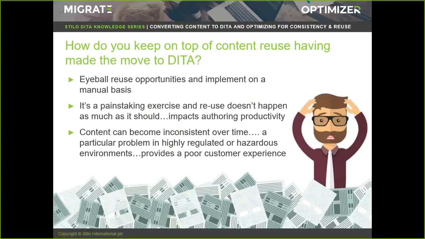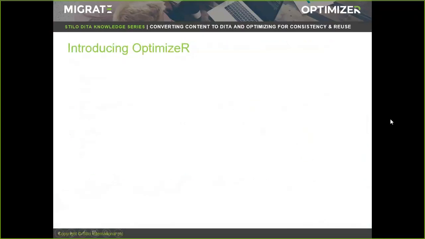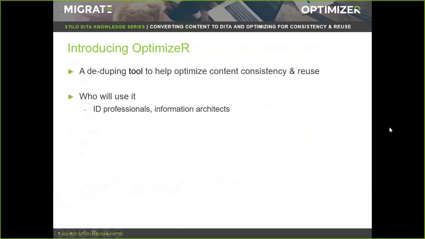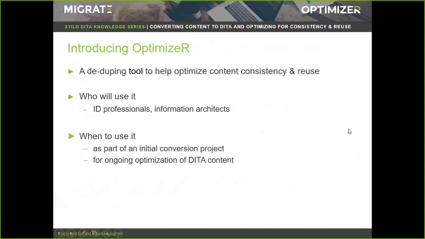And this is what we saw when we developed Optimizer. With Optimizer, what we're doing is providing a deduping tool that helps to optimize content consistency and reuse. So who's it for? ID professionals, information architects, you might call these people power users if you like. It's not for SMEs.